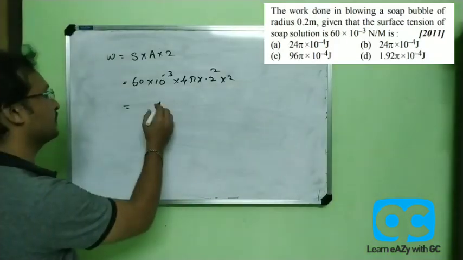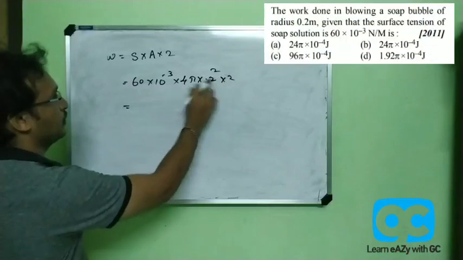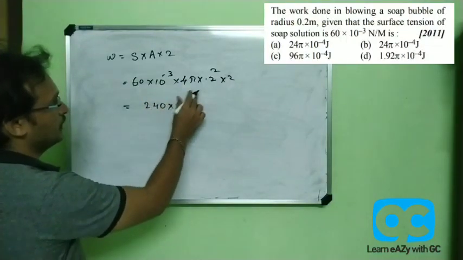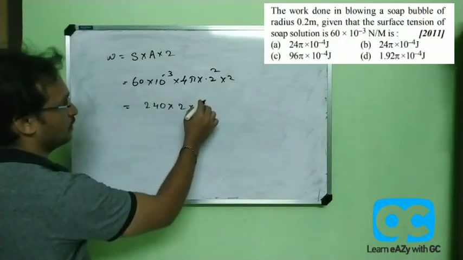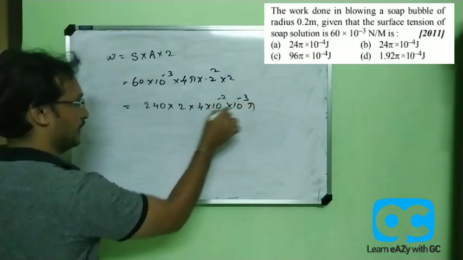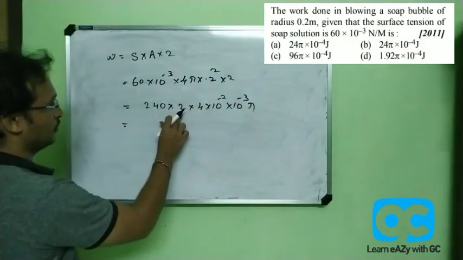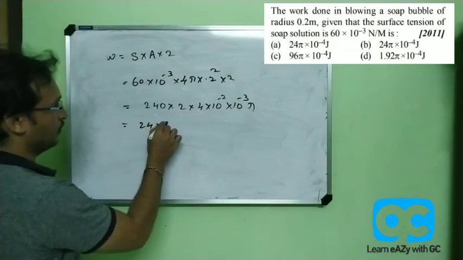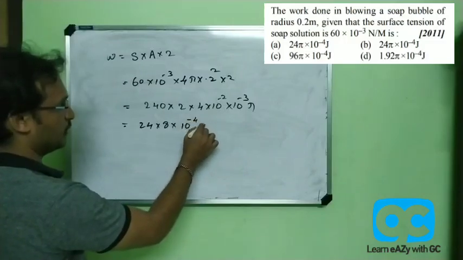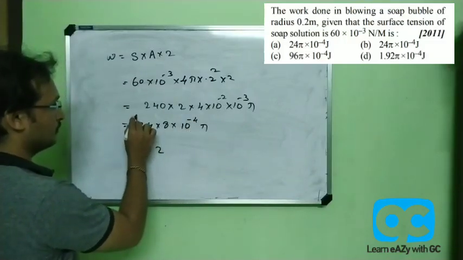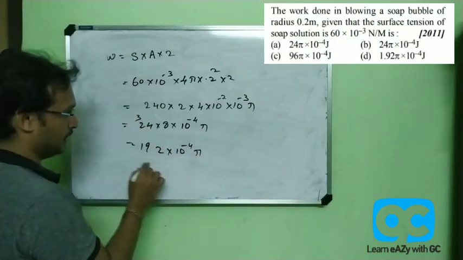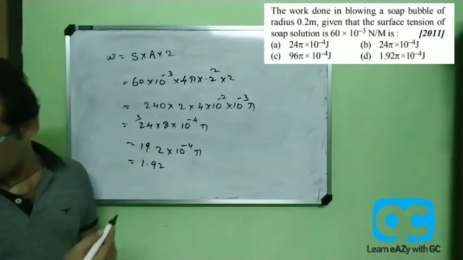Let me check. 4 into 10⁻² into 10⁻³ pi, so 4 into 2, 8, 24 into 8 into 10⁻⁴ pi you will get. That is equal to 192 into 10⁻⁴ pi, that is equal to 1.92 into 10⁻² pi.